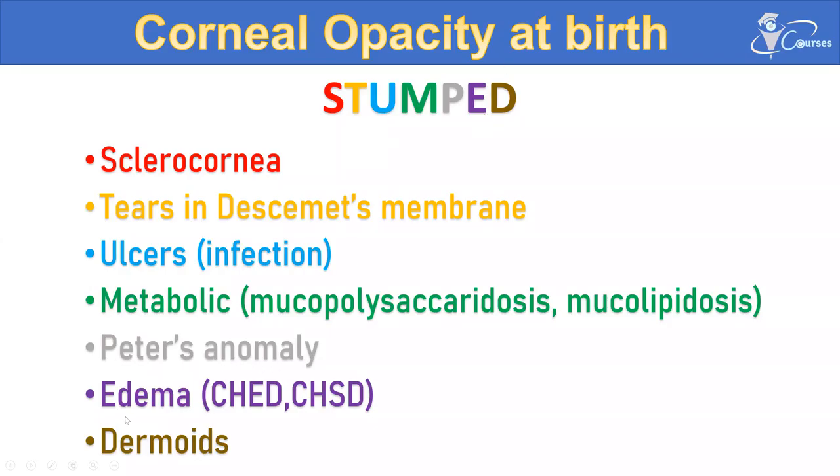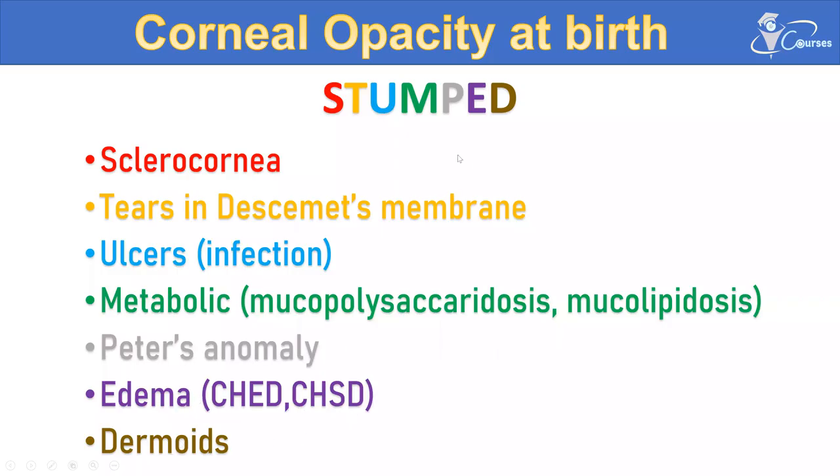E for edema, like congenital hereditary endothelial dystrophy or congenital hereditary stromal dystrophy. And finally, D for dermoids. So STUMPED refers to the differential diagnoses of a corneal opacity at birth: sclerocornea, tears in the Descemet membrane, ulcers or corneal infection, metabolic, Peters anomaly, corneal edema, or dermoid.